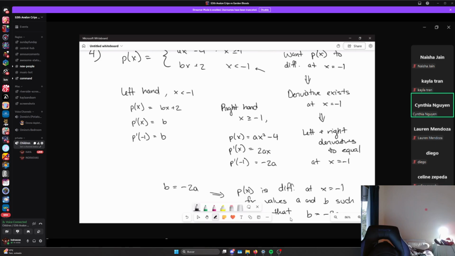You just want both of them to equal each other. So the steps are: take the derivative of both pieces, then plug in the point that you want it to be differentiable at, and then set the derivatives equal to each other.